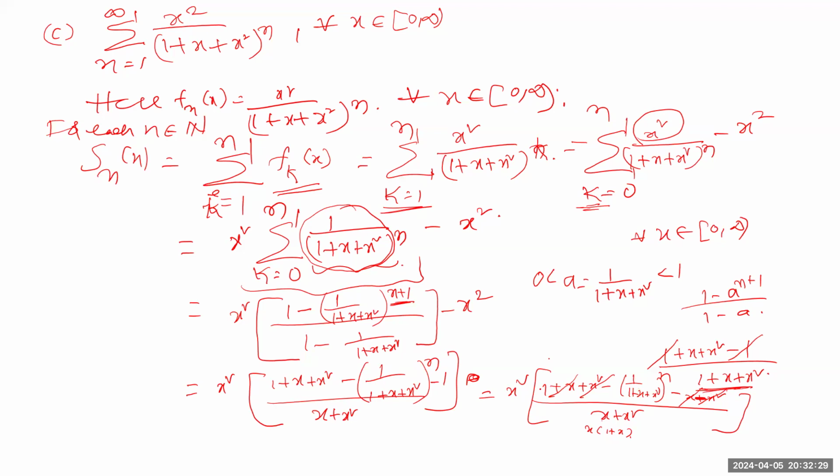So plus 1 is only available. So here simply this x and the square will be cancelled. We will get x times 1 minus 1 plus x square to the power of n, right? Over 1 plus x, right? Isn't it?